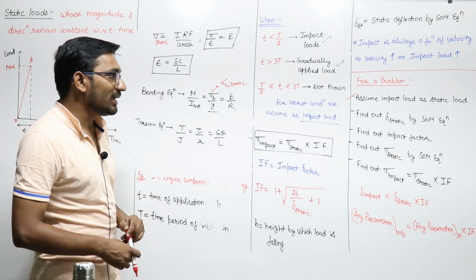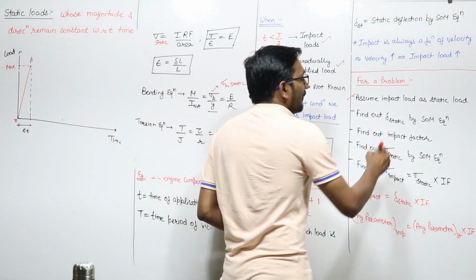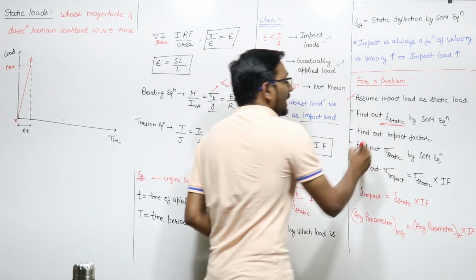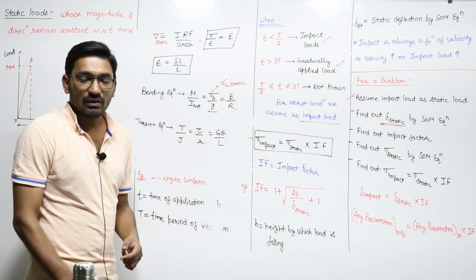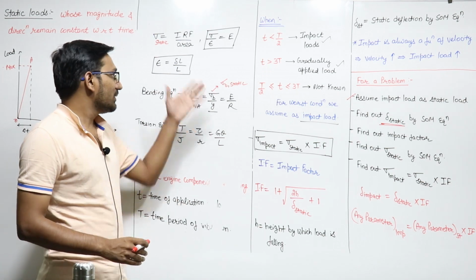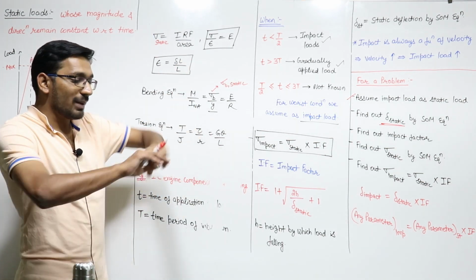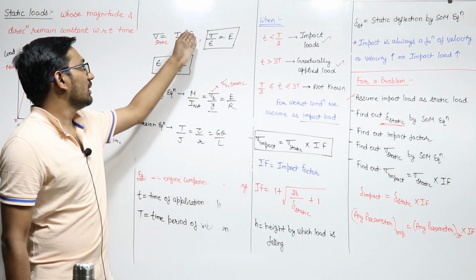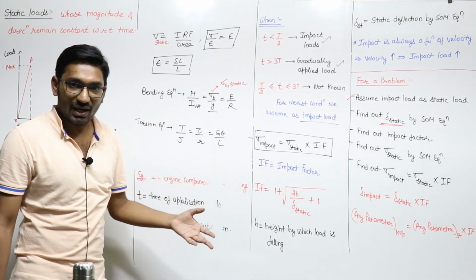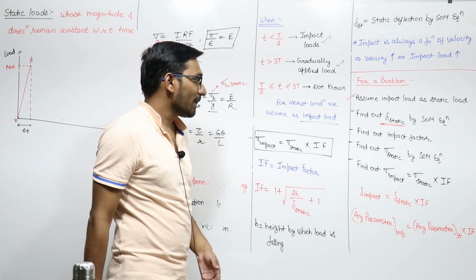By assuming it as a static load, we have to find the delta static from the SOM equations, by considering the impact moment as a static moment, or impact stress as a static stress or static load.